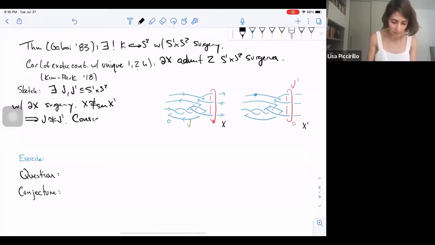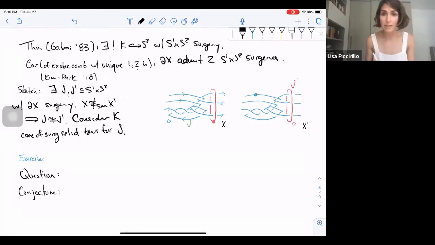What we're going to do is consider K to be the core of the surgery solid torus for J. Let me say what I mean by that. We start in S1 times S2, the boundary of our 1 handle.